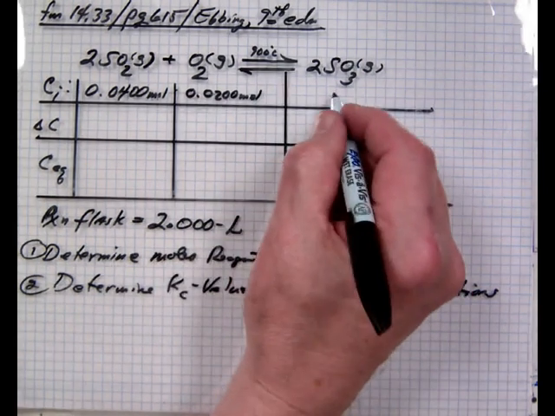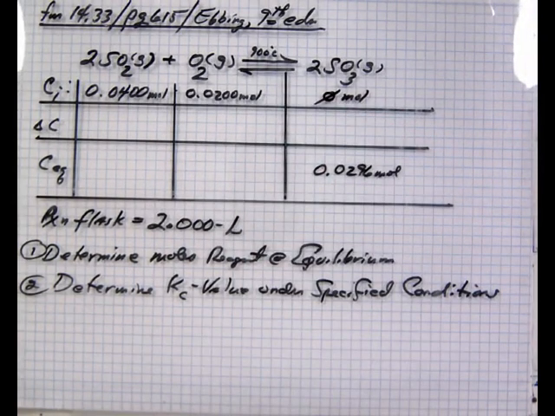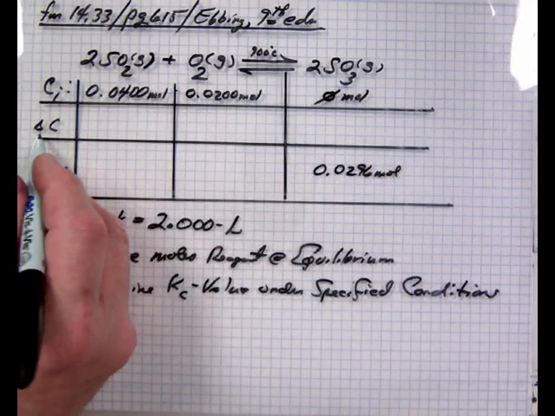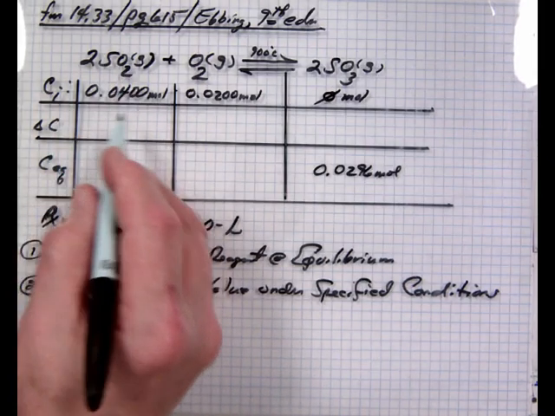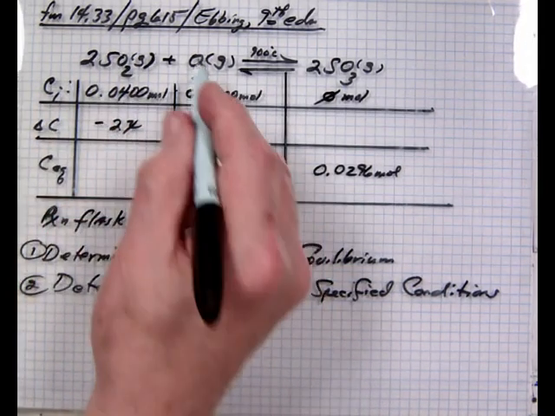We have 0 moles before the reaction starts. As the reaction proceeds through the kinetic region, it will decrease SO2 in an amount 2x, the coefficient.